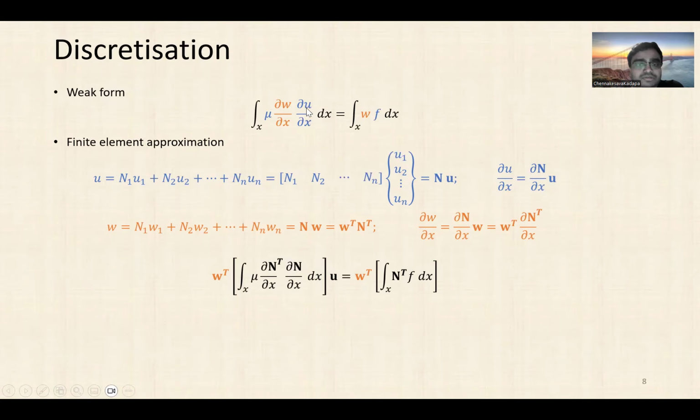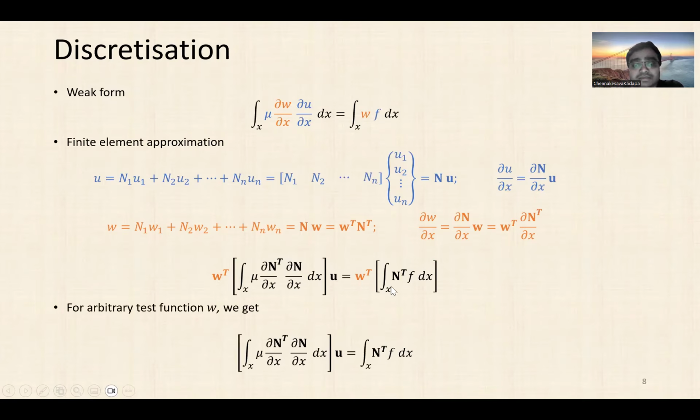Okay, and for ∂u/∂x, we have ∂N/∂x multiplied by u. Okay, similarly for w, we have w transpose N transpose, and then we notice that for any arbitrary w, this equation should be satisfied, and this is our Ku equal to f.